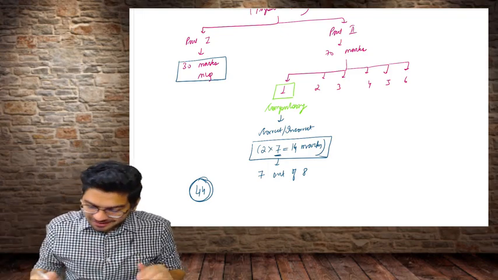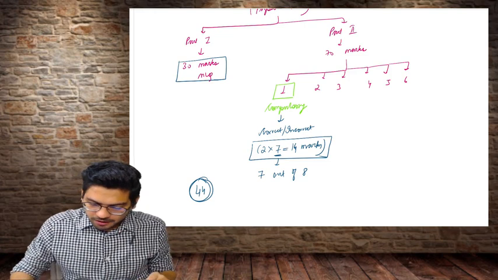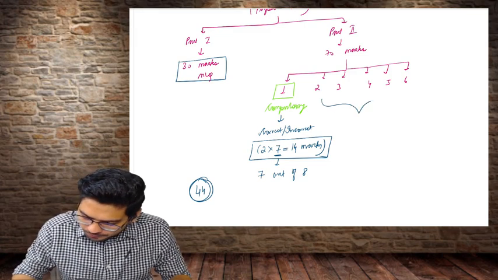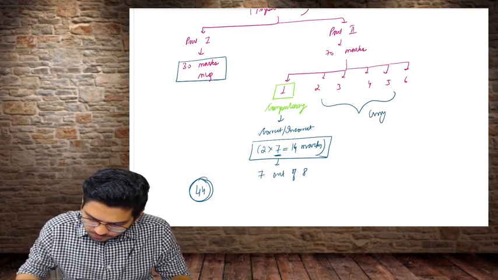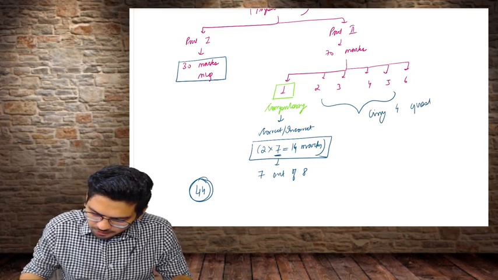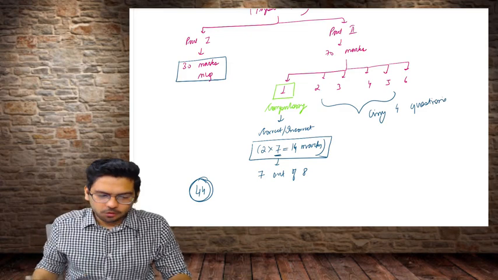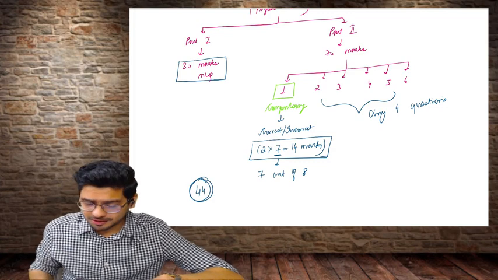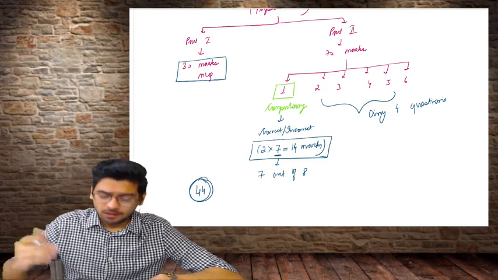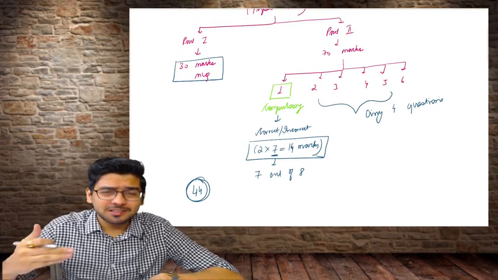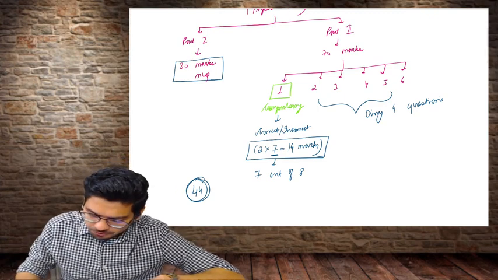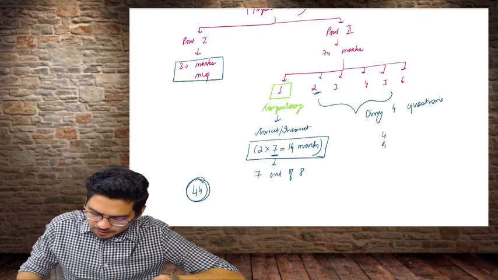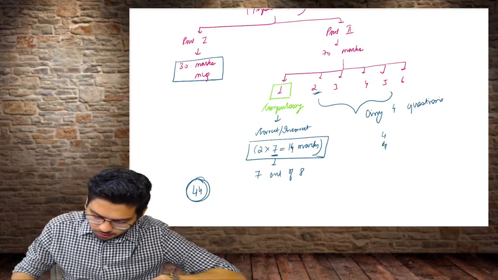Now let us discuss the remaining questions. Out of question number 2, 3, 4, 5 and 6, you have to attempt any 4 questions, so they are giving you an option. The current pattern in which ICAI is asking questions is that one question, let's say question number 2, will contain 4 parts.